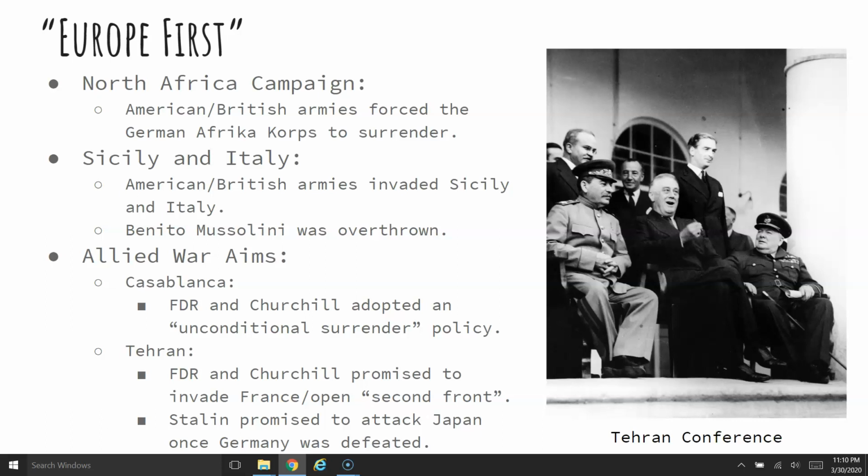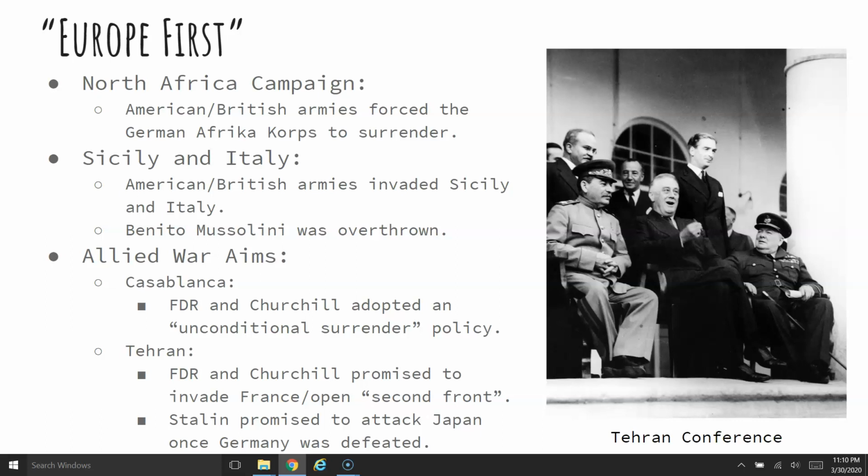Later that same year, the Big Three all meet together for the first time in Tehran, which is the capital of Iran. And Stalin essentially is feeling the pressure. His armies have been pushing back the German invasion of the Soviet Union on their own for the past 2 years.